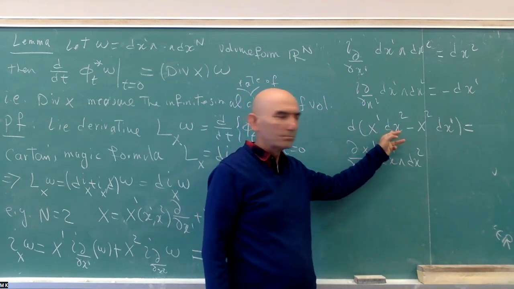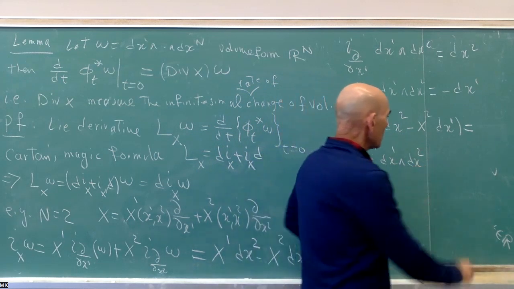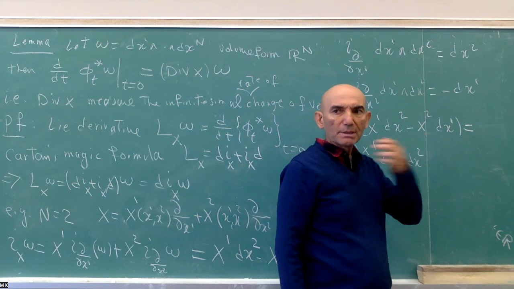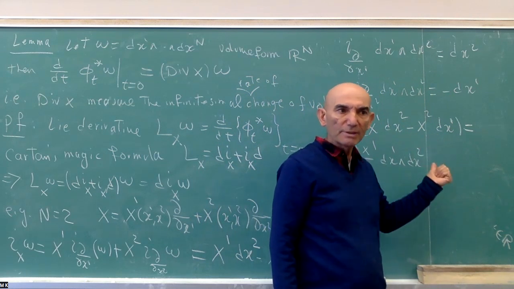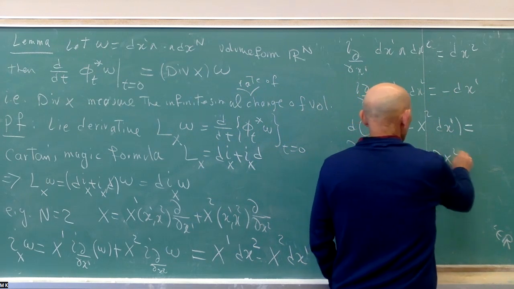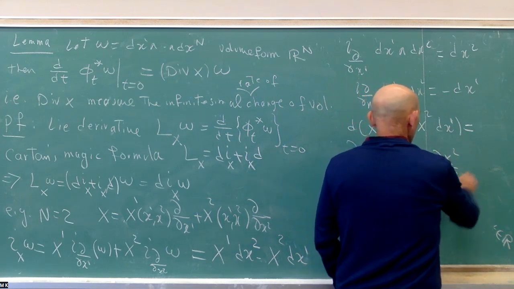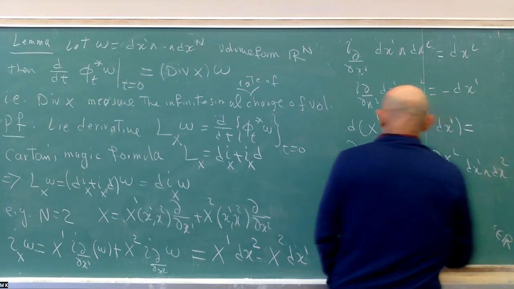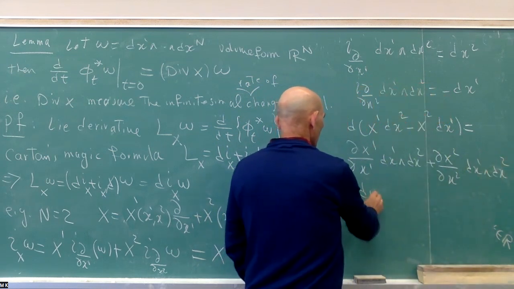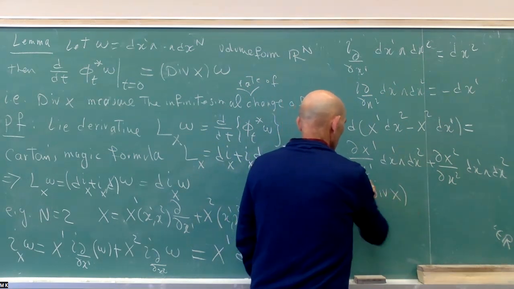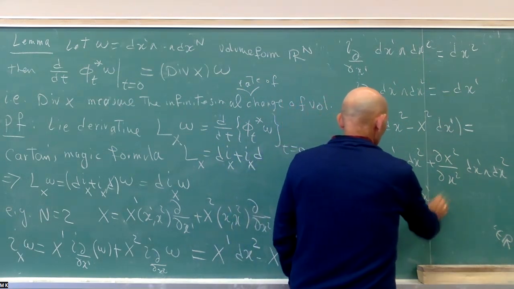It's 0. And in the second component, there's a minus business going on, so you pick up a plus sign. So then this becomes plus dx2 dx1 wedge dx2. And you see that this is equal to divergence of x dx1 wedge dx2.